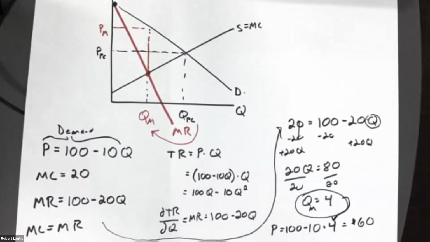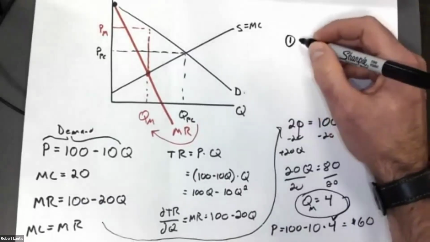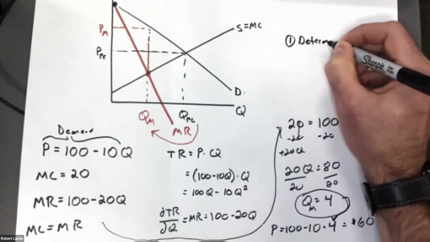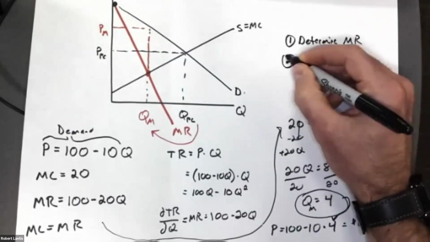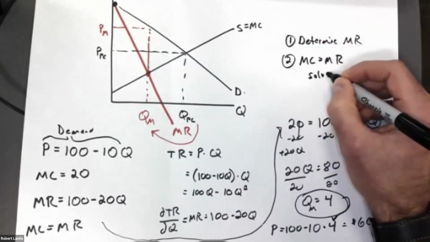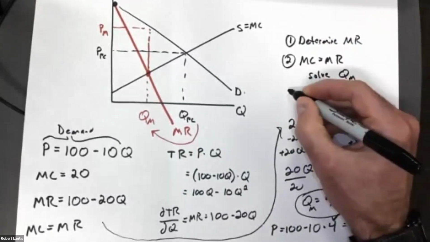Okay. So if we're thinking about this in steps, first, I'm going to determine my marginal revenue equation. Second step, set marginal revenue equal to marginal cost and solve for the monopolist's profit maximizing quantity.